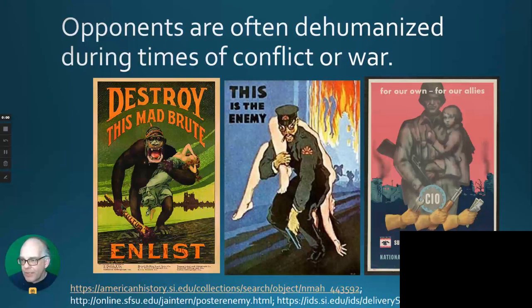with those opposing viewpoints. Now, in this, we've got three artist renditions of posters at times of war. We've got one with a German ape with the nice hat coming out of World War I. The second looking at a Japanese soldier in World War II. Both of these are really dehumanized in the way they're being represented.